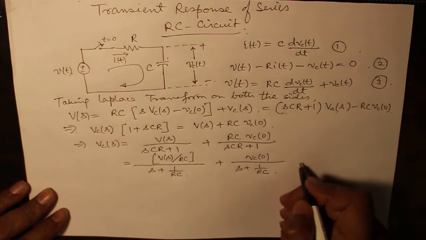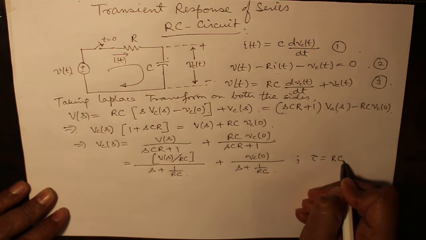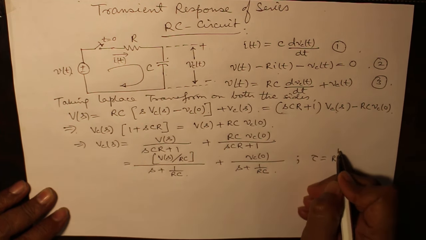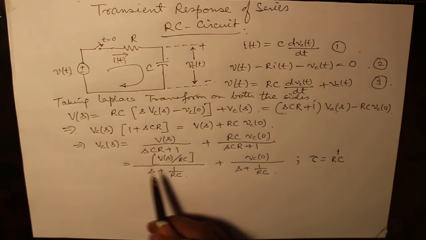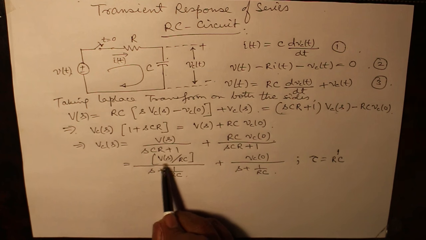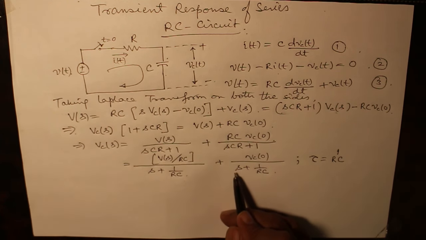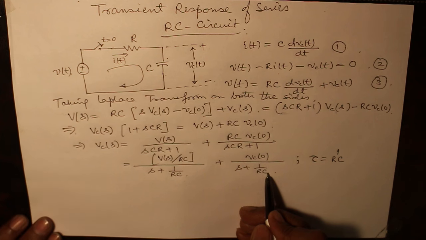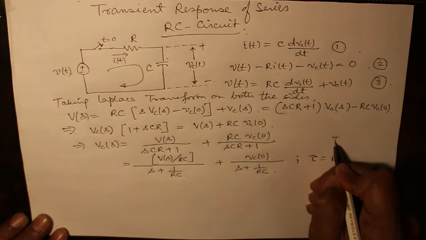For an RC circuit, the time constant is equal to RC. So we find here VC(s) as being equal to V(s) over RC divided by s plus 1 over RC, and VC(0) divided by s plus 1 over RC, where RC is known as time constant.